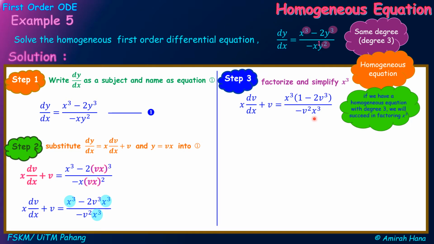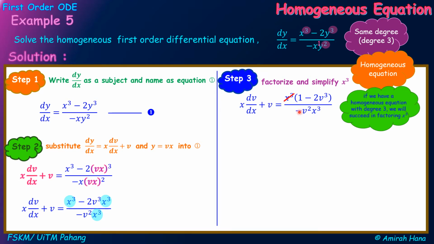If we have a homogeneous equation with degree 3, we will succeed in factoring x cubed. If, let's say, we have a homogeneous equation with degree 2, we will succeed in factoring x squared. So that's the pattern of homogeneous equations under first order ODE.